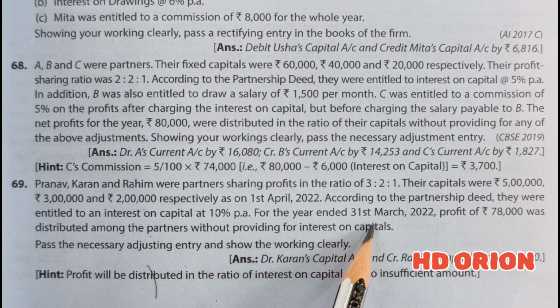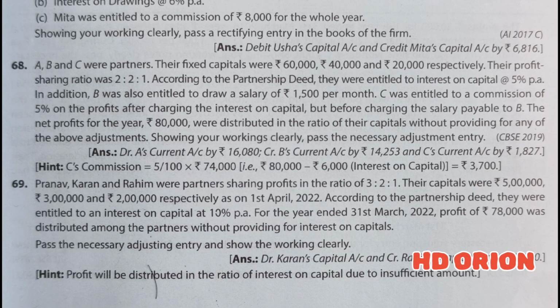For the year ended 31st March 2022, profit of rupees 78,000 was distributed among the partners without providing for interest on capitals. Pass the necessary adjusting entries and show the working clearly. So let us see the solution and detailed explanation of it.